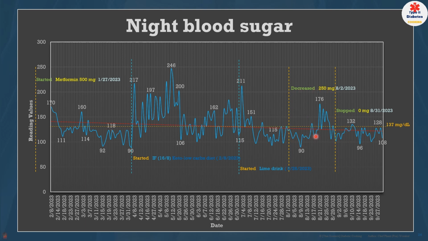It goes up a little bit, then with the system in place it comes down, to 100, 108. This is my night blood sugar test, okay? It means the system is working and is consistent. Do what I do, that is what the data I have proves. Okay, it's working.